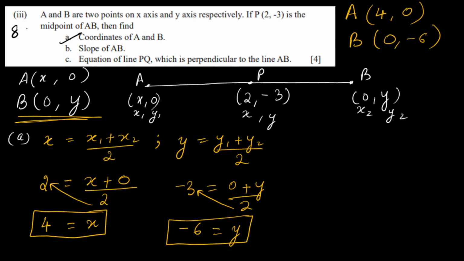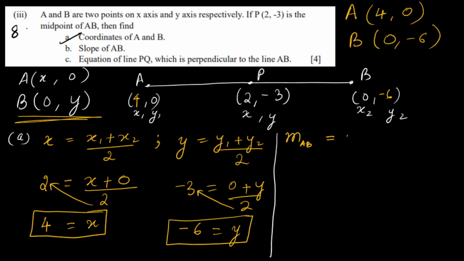Now we have to find the slope of AB. We'll use the slope formula, with 4 comma 0 and 0 comma negative 6. I'll write the slope of AB as m subscript AB.